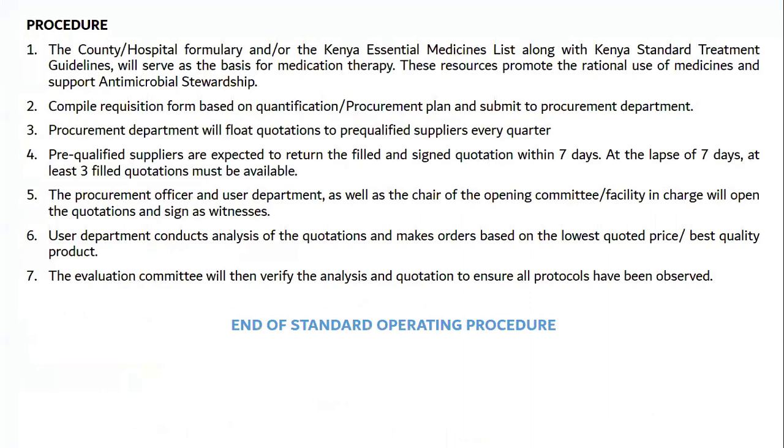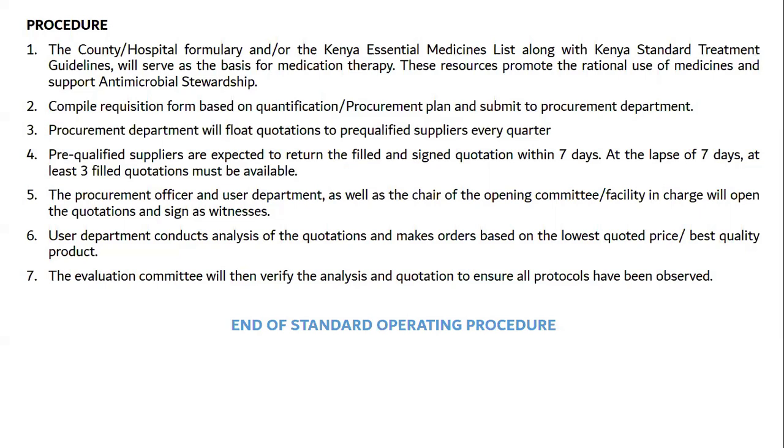So the procedure: the hospital prepares a list of what they want. The drug list, the KML, and all that will be the key resources when you're making the decision of which drug to have in stock in the facility.